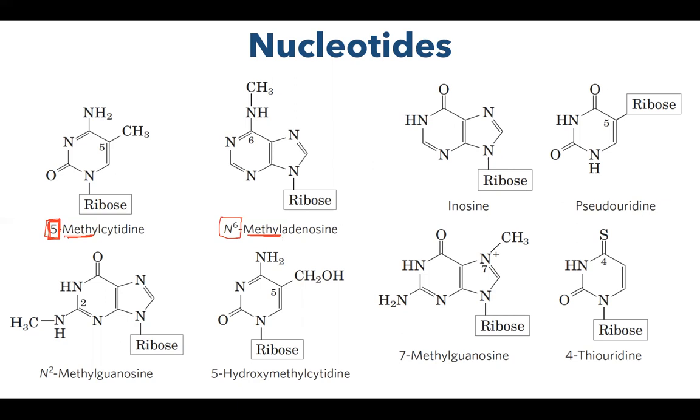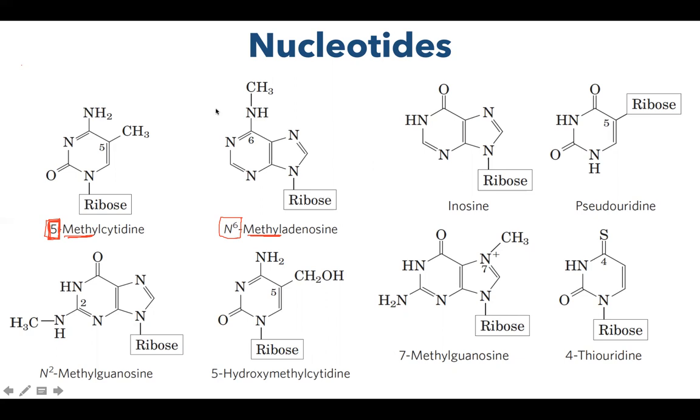Rather, it is attached to, in this case, the nitrogen that is attached to the atom in position 6. Another example, we have N2-methylguanosine. In this case, we know that the methyl group is not directly attached to the cyclic chain. Rather, we look at position 2 and see that it has an amino group, so the methyl is attached to the nitrogen of the amino group.